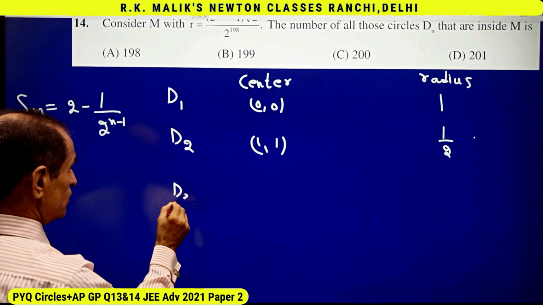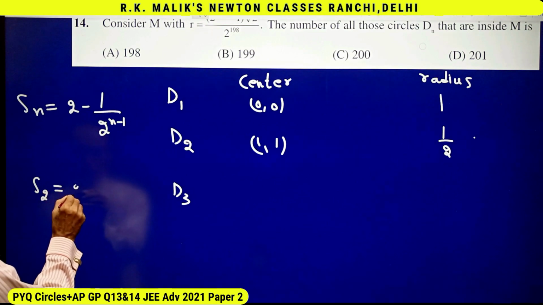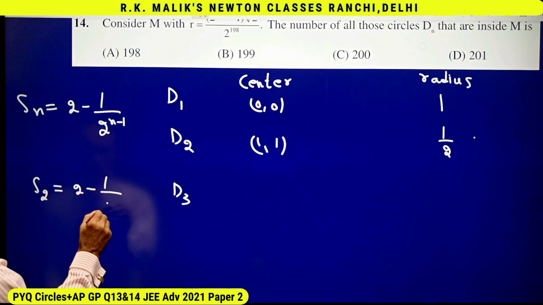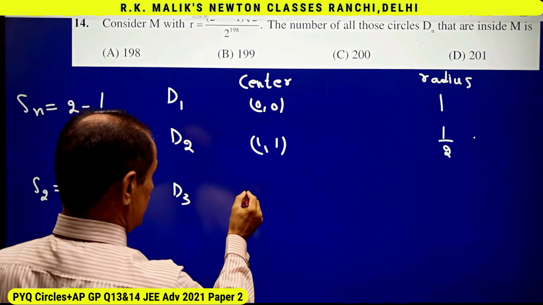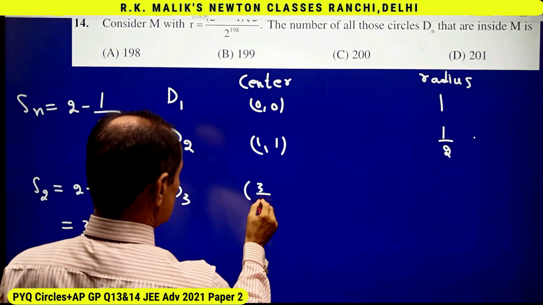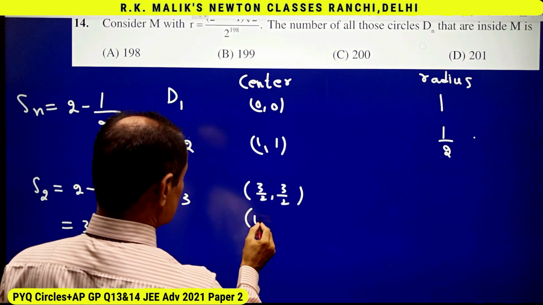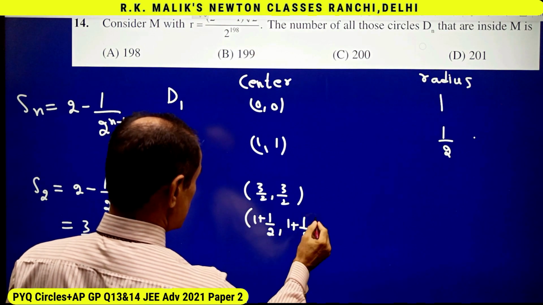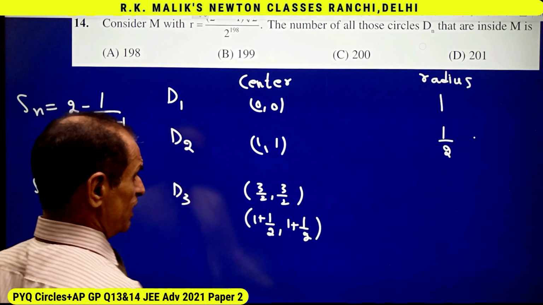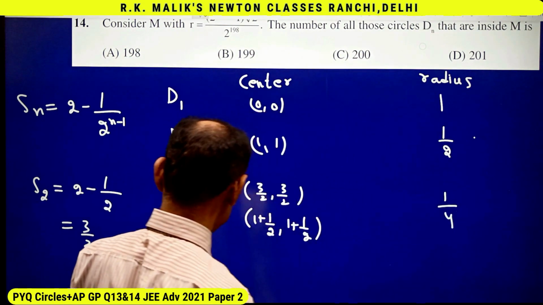For the circle D3, because S2 is 2 minus 1 by 2, that is 3 by 2. Therefore, center can be written as 3 by 2, 3 by 2, or we can also say 1 plus 1 by 2, 1 plus 1 by 2, and radius of this is 1 by 4.